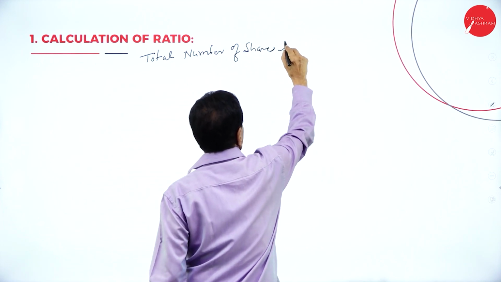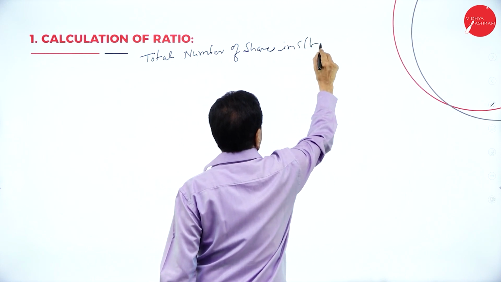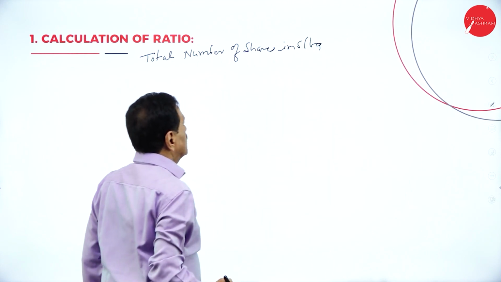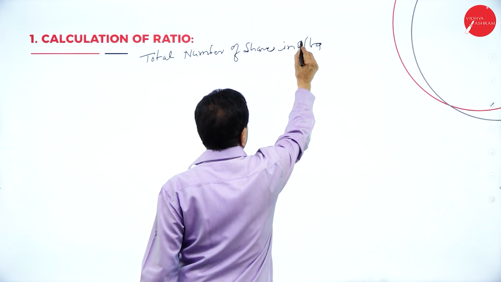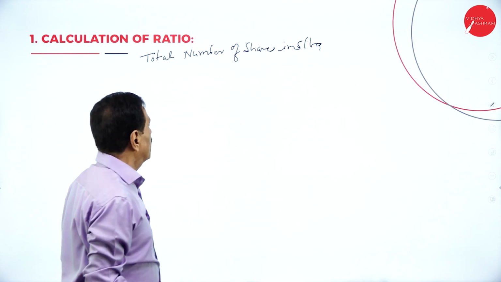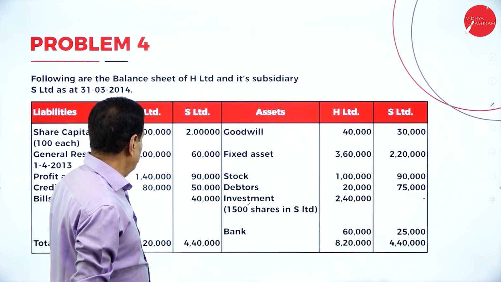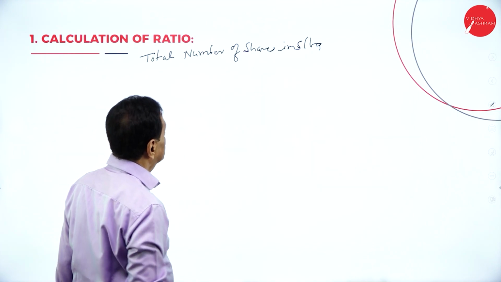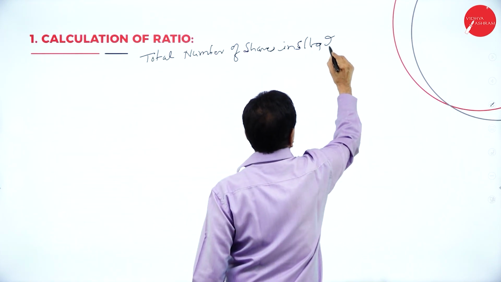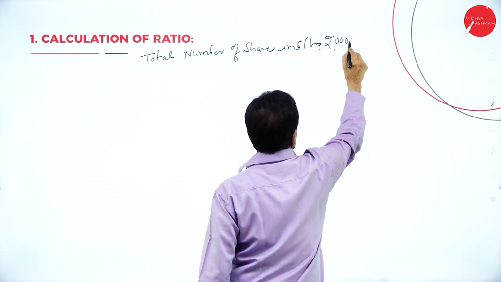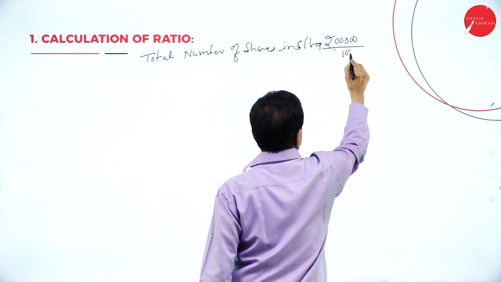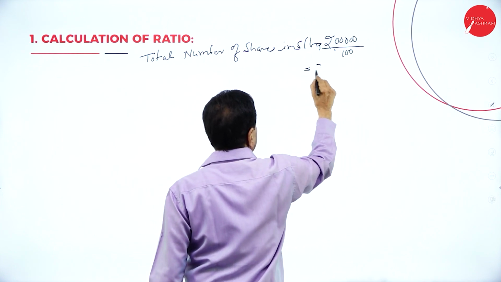in S Limited. Total number of shares in S Limited. Come back here. 2 lakh divided by 100. 2,000 shares.